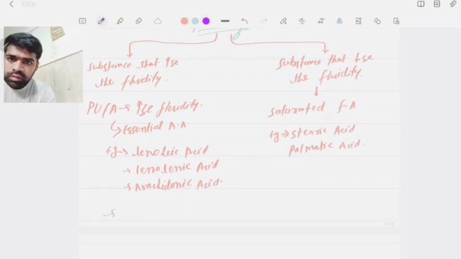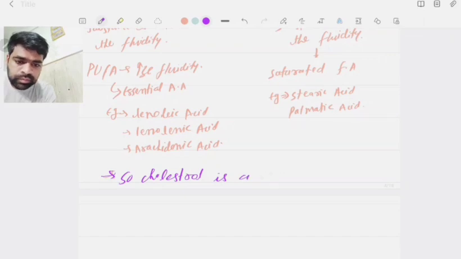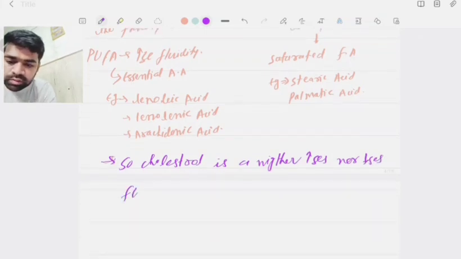So, let's change the color. Cholesterol neither increases nor decreases fluidity.